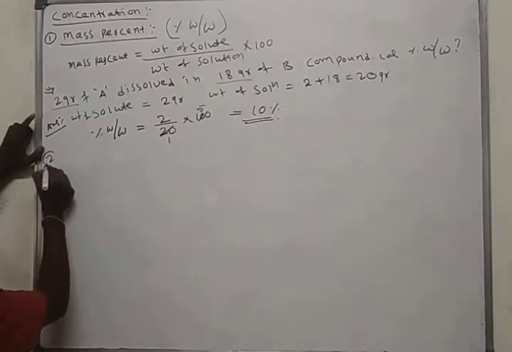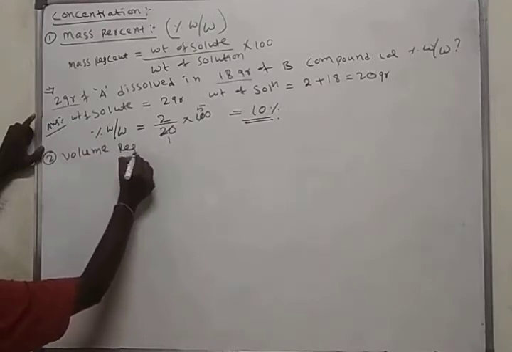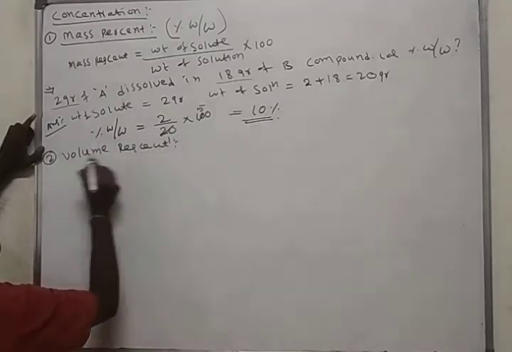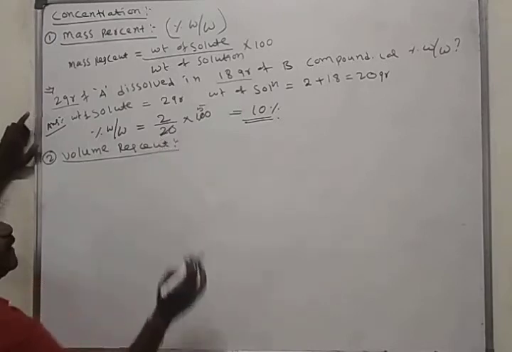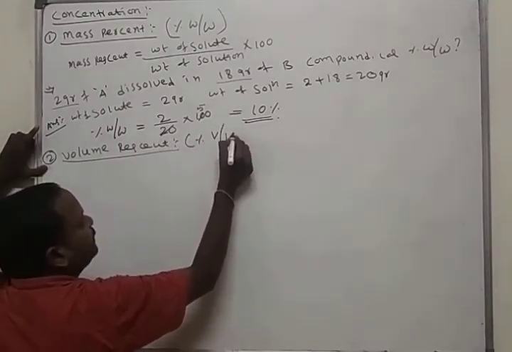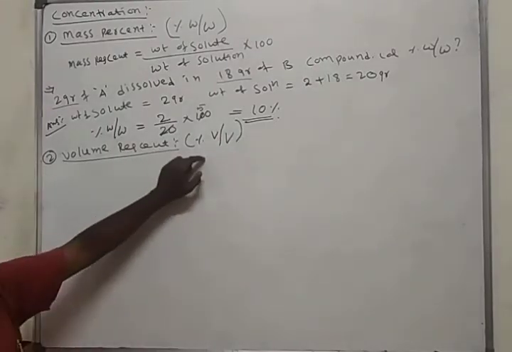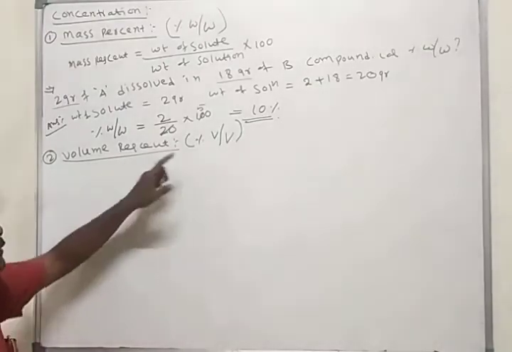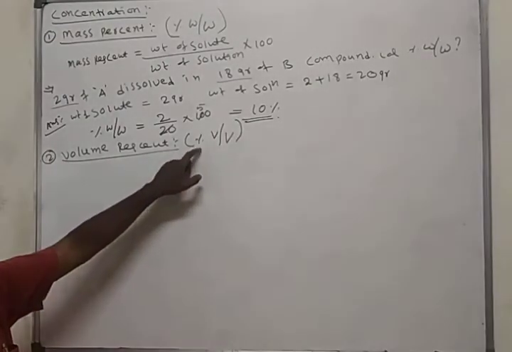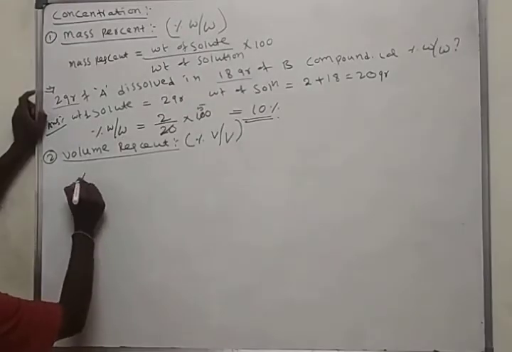Then we'll see the second one, volume percent. Volume percent means percentage, small v by capital V. This is the symbol for volume percentage. What is the principle for this?